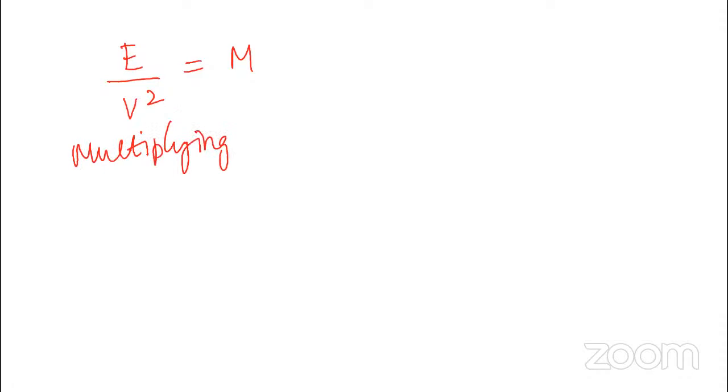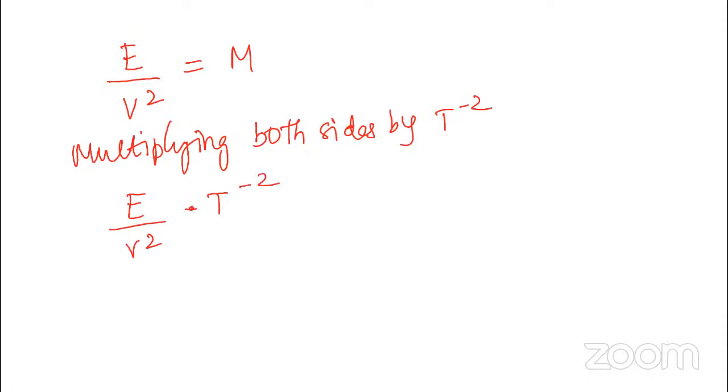So previously we have the equation E by V square is equal to m. Multiplying both sides by T power of minus 2, E divided by V square into T power of minus 2 is equal to m into T power of minus 2.